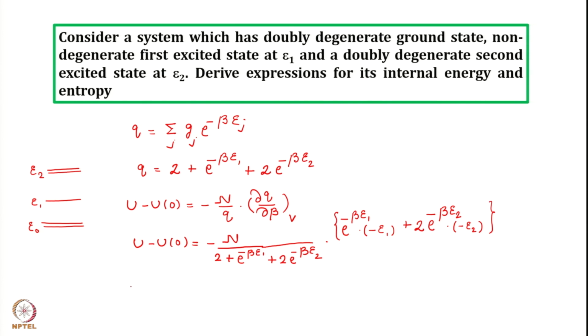So what I have now is U minus U0 is equal to, I can consume all the negatives with this negative and turn it into positive.